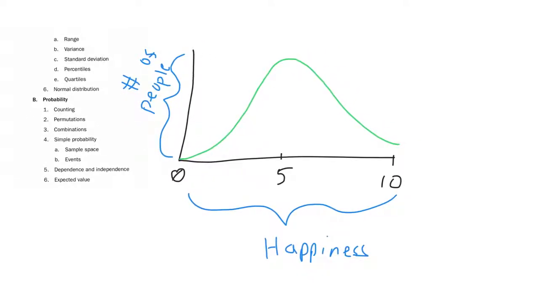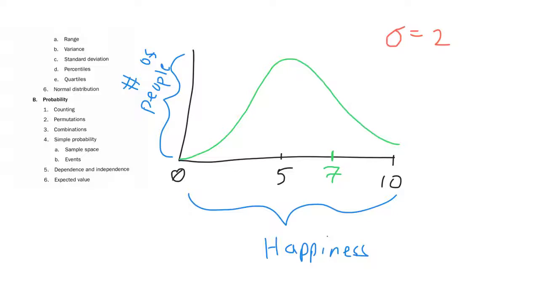Now, another thing to take into account is something called standard deviation, which we already sort of discussed before, but standard deviation is really applicable when it comes to the normal distribution. So let's say the standard deviation was 2. Okay, now what that means is 1 standard deviation away from 5, from the mean, would be 7, right?